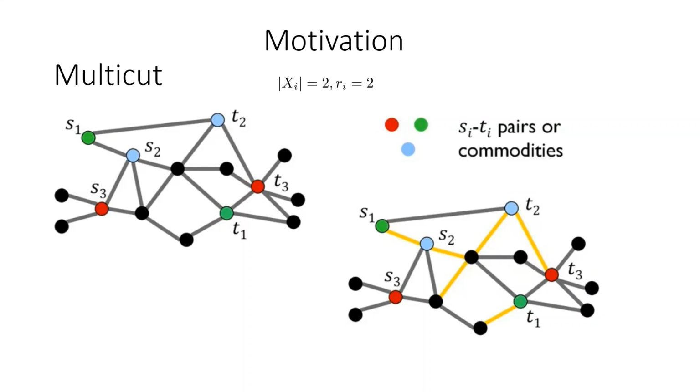So for example, we see in the image to the right that if we remove the yellow edges, then we achieve our goal. To see how this is a specialization of the requirement cut problem, we can put 2 as the size of each group, and for each requirement we also put 2. And we see that it comes to be the same problem.